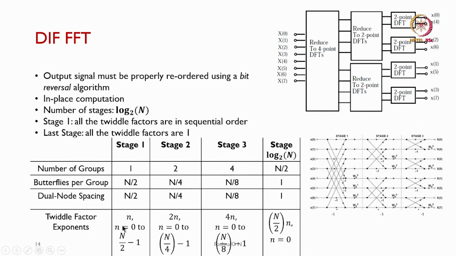Previously k was the variable; here it is going to be n. n will be going between 0 to n by 2 minus 1 for the first stage, and in the second stage it is 0 to n by 4 minus 1, and so on. In the last stage you will be having n equal to 0, with n by 2 twiddle factors, which becomes equivalent to 1 in this case also, as you can see.